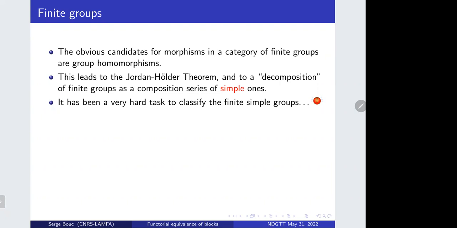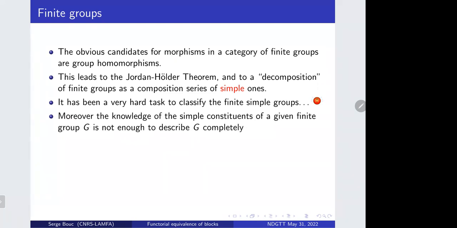Another point I would like to mention, also similar to chemistry, is that you may have different molecules with exactly the same atoms, but one of them is a medicine and the other one can be toxic. And the situation here is quite similar, even if I don't know any toxic finite group. What happens is that you can have two different finite groups, meaning two non-isomorphic finite groups, with the same atoms, that is the same composition factors.